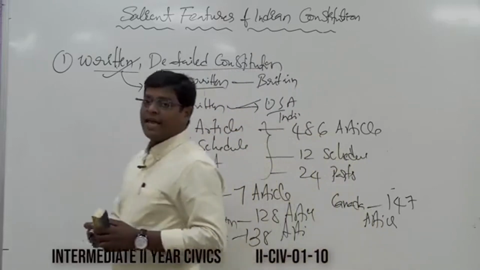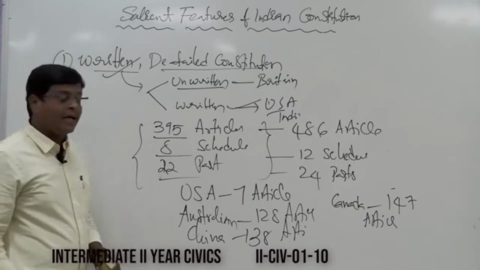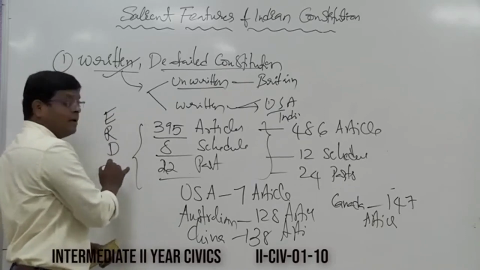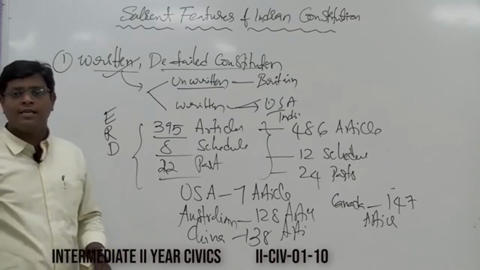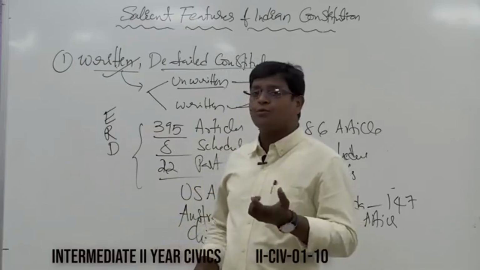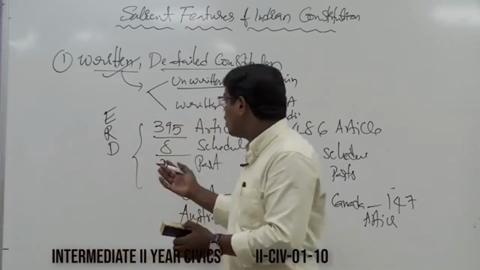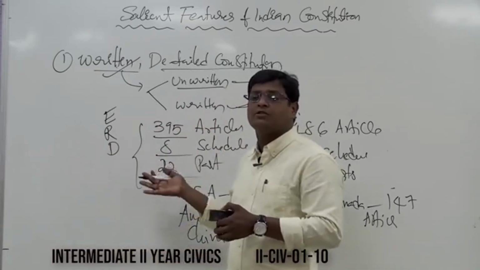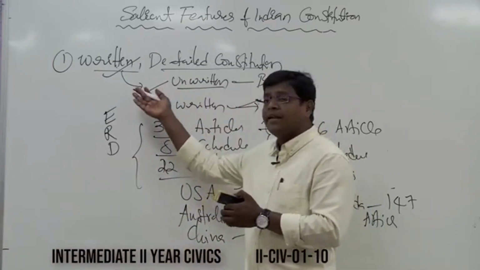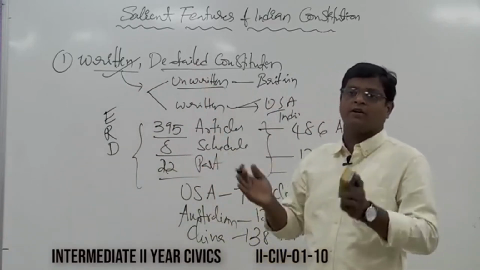Like this, they incorporated all the provisions in the Indian constitution in a very clear manner: about the elections, the rights, duties, and directive principles of state policy, and also the parliamentary provisions, legislative provisions, and the relation between the union government and the state government. All those things are clearly mentioned in our constitution. That's why it became bulky. You have to mention that the Indian constitution is the written, detailed, and lengthiest constitution in the world.